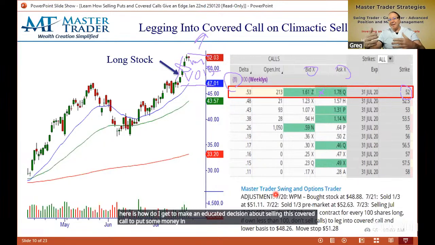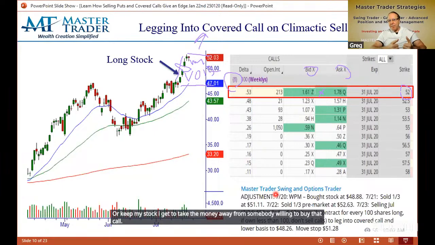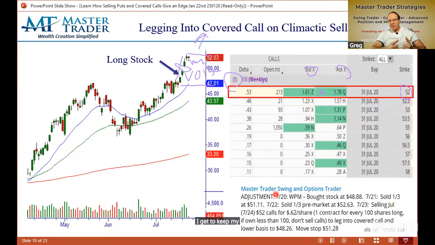Ideally, I still get to keep my stock. I get to take the money from somebody willing to buy that call, and I keep my stock, the best of both worlds. It doesn't collapse. And if it does collapse, I still lowered my cost.